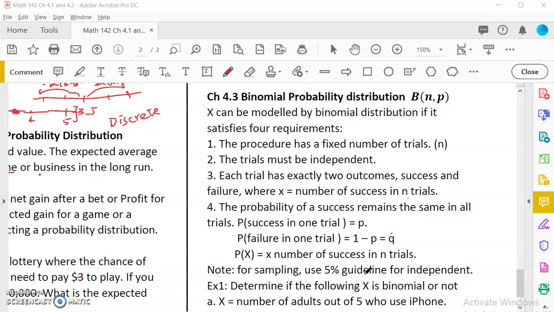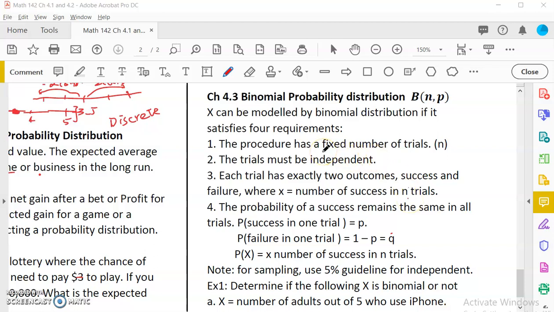Binomial probability model: a binomial random variable is a special kind of discrete random variable that is looking at a count of successes. So in a very abstract way, it's looking at counting something.